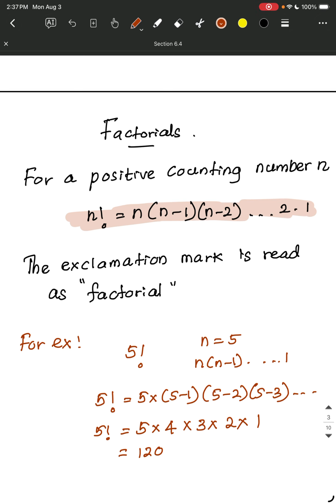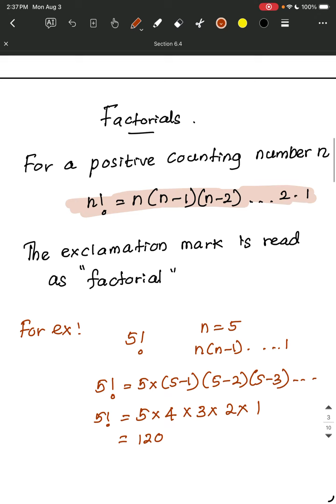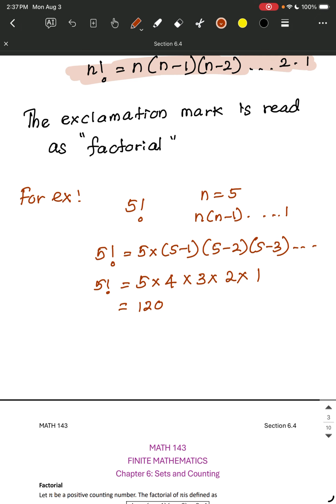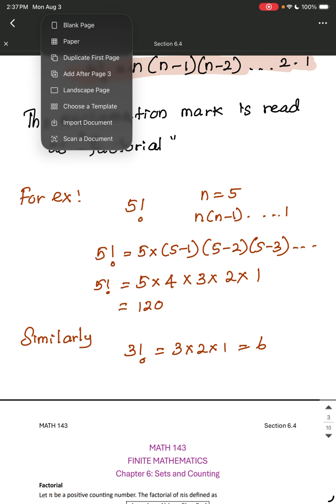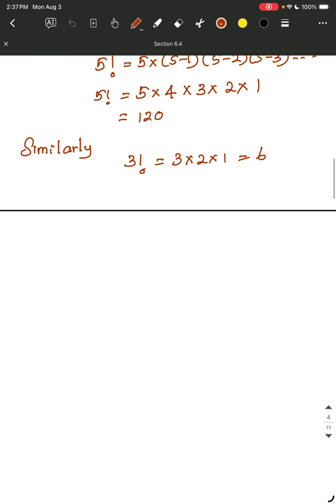Similarly, let's see one more example. 3 factorial, the product of all the values down to 1: 3 times 2 times 1, which is 6. Right? The product of all values up to n.